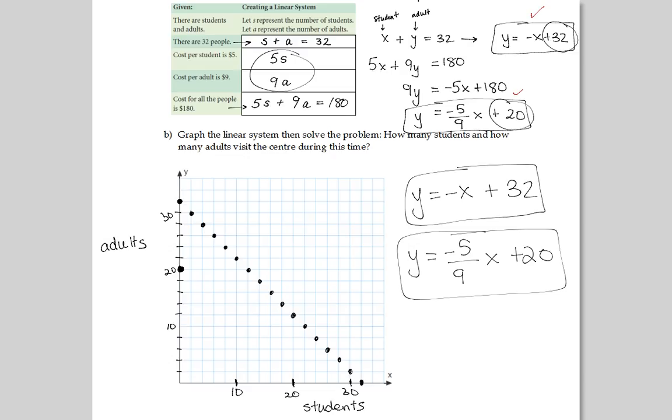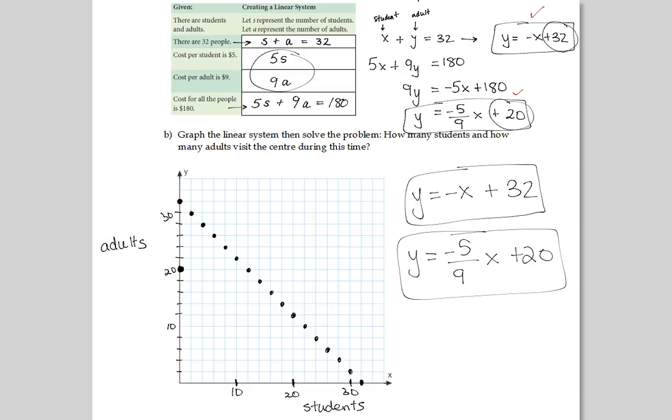So like for this slope of 5 over 9, it doesn't go well on my grid, does it? 5 and 9. So I could just use a common ratio. Rather than use 5 and 9, double it up. Use 10 and 18, because that will work out nice. So if I go over 18, I got to go down 10.